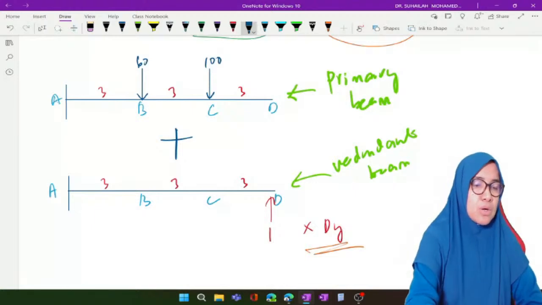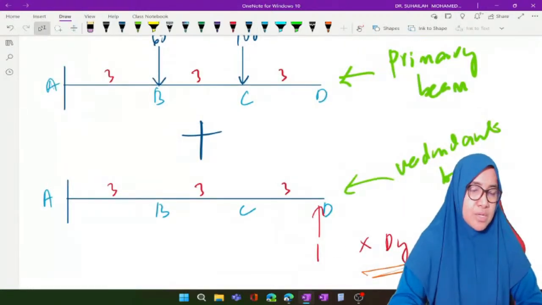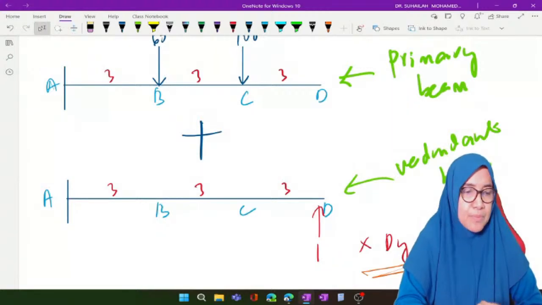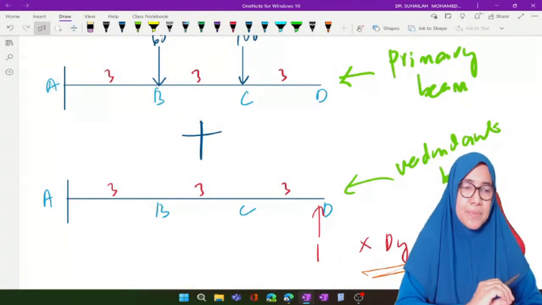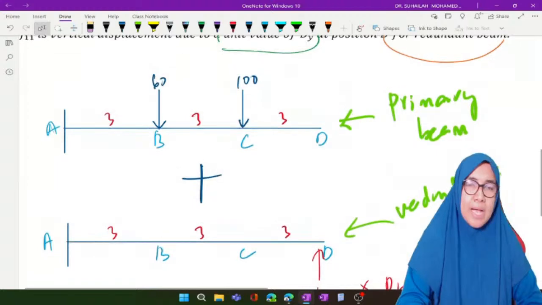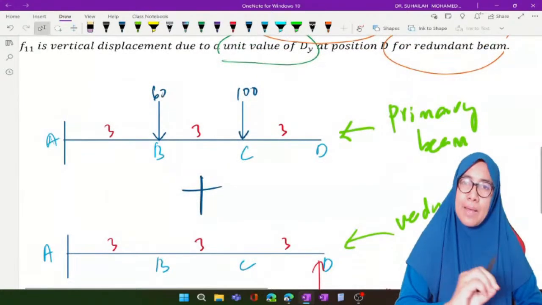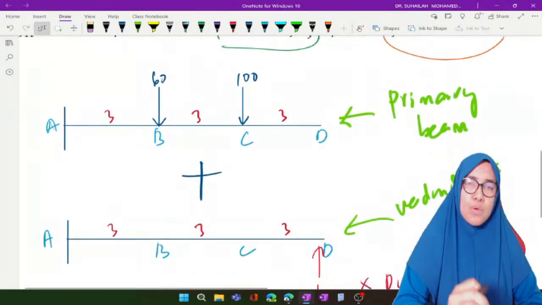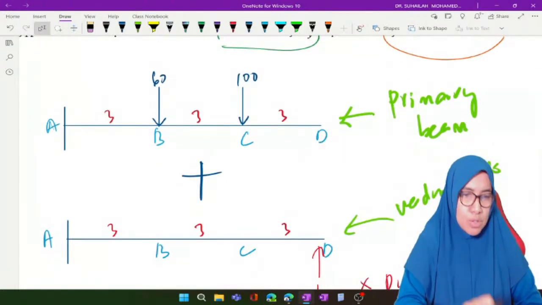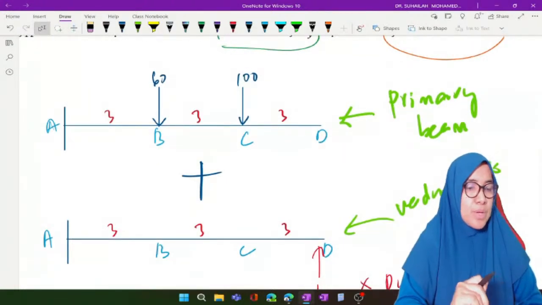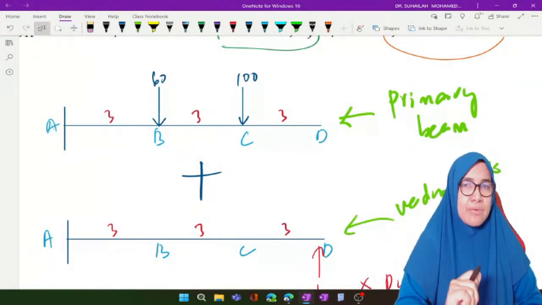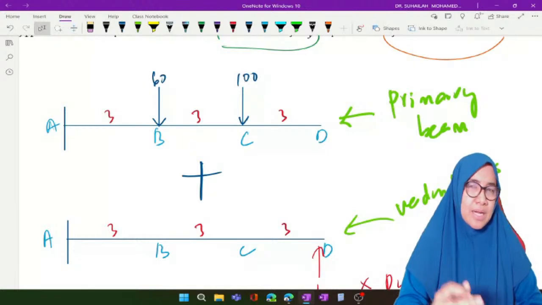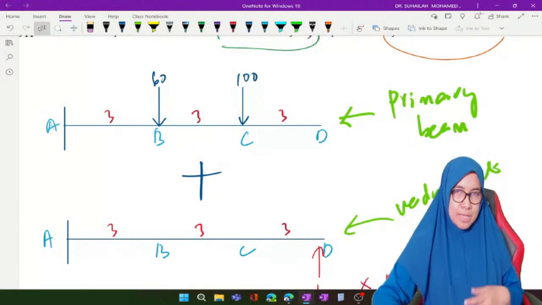Due to a unit value, we will calculate the reaction at A, and due to external loading in the primary beam, we will calculate the reaction at A as well. So we will analyze both diagrams, calculate the reactions and write the moment equation, and after that we continue to calculate displacement.